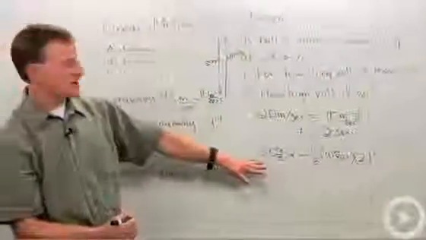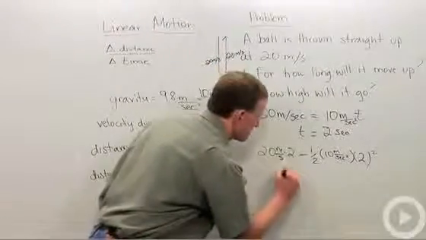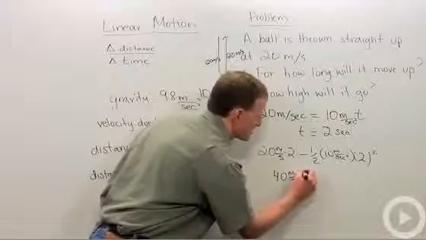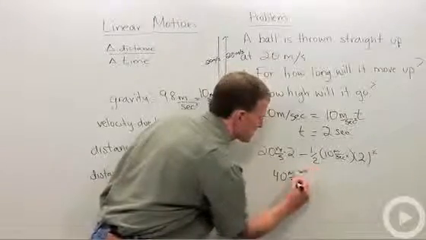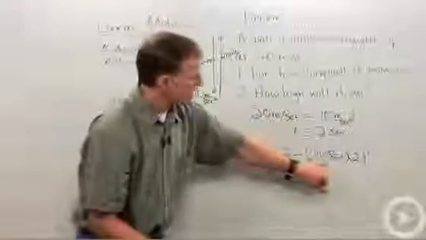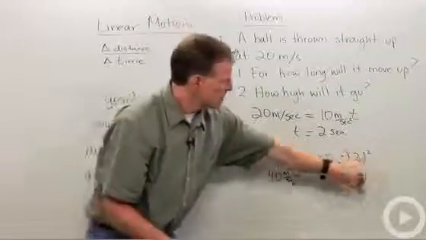Okay, again, simplifying further, this is 20 meters per second times 2 seconds. Okay, so the seconds are going to cancel there, minus 1/2 times 10 times 2 squared.